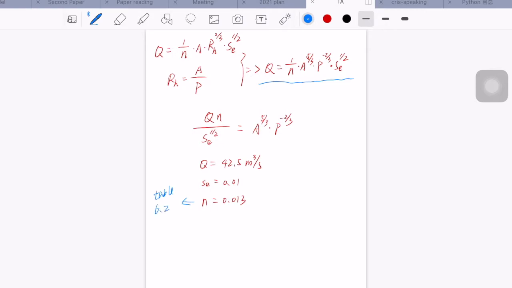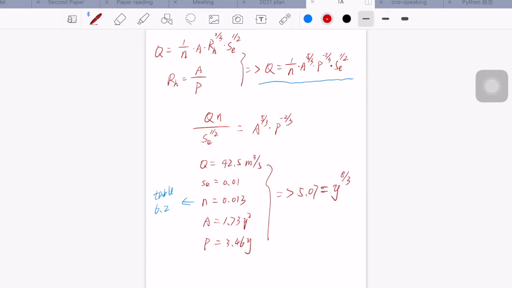And we also know the A equals 1.73 times Y squared we calculated before, and the P equals 3.46 times Y. So we can get that 5.07 equals Y to the power of 8 over 3.